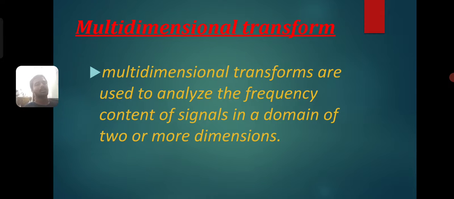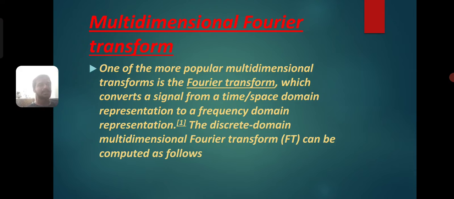Multidimensional transforms are used to analyze the frequency content of signals in a domain of two or more dimensions. One of the more popular multidimensional transforms is the Fourier transform, which converts a signal from a time-space domain representation to a frequency domain representation.